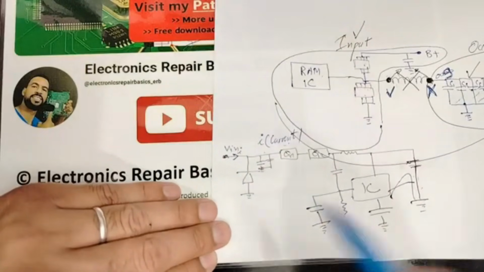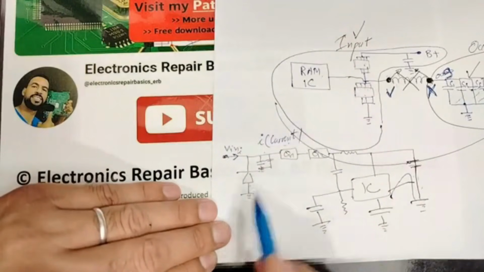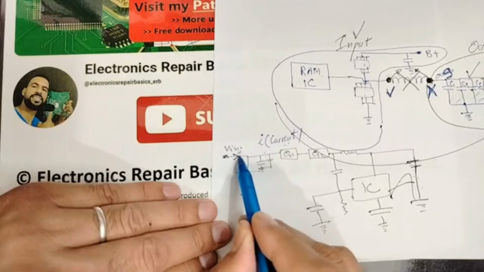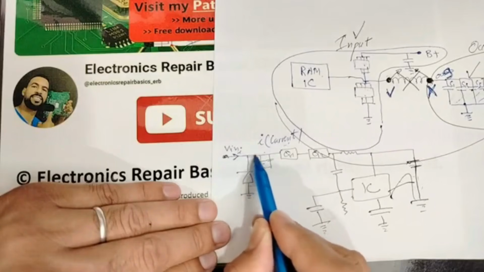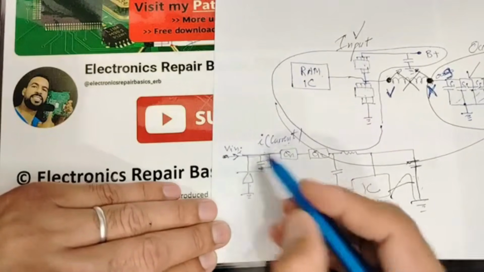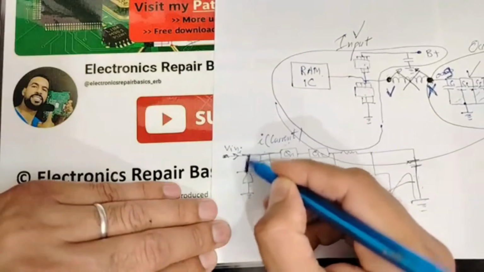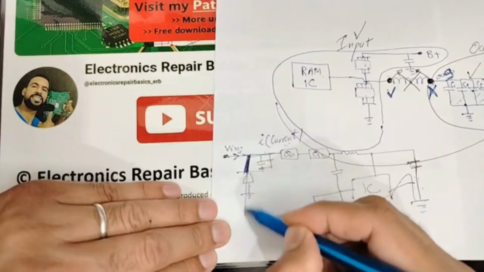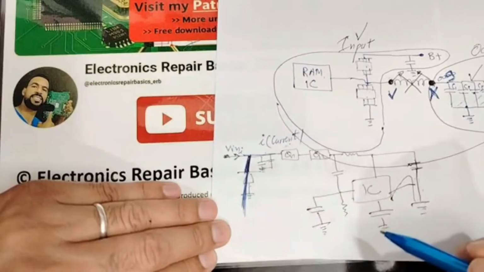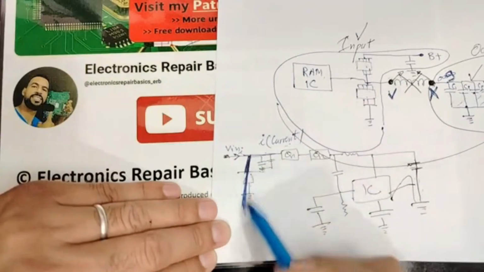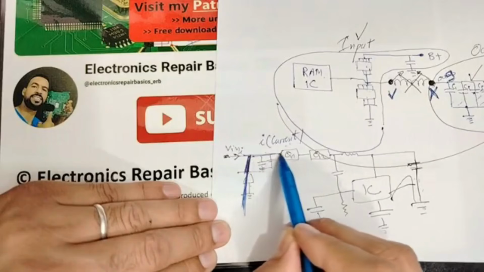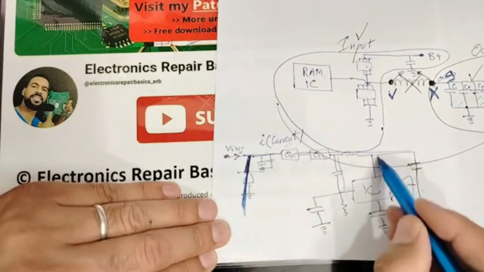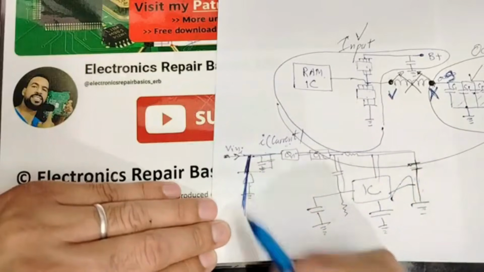Let's assume, for example, that the shorted one is the diode. The current will go to this side here, where we will get a huge flow of current. Here, just a small current flow. Here, very huge.